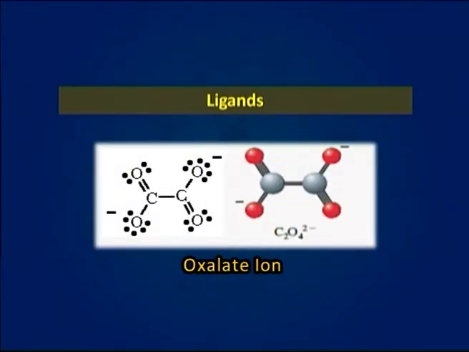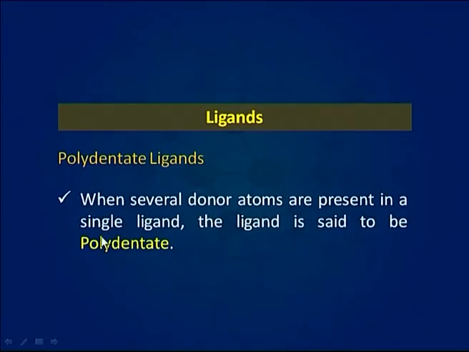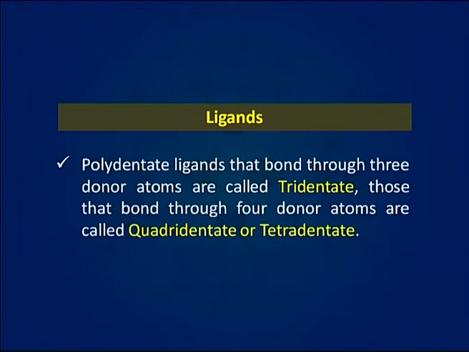Here you can see another bidentate ligand, oxalate C2O4 2-. When several donor atoms are present in a single ligand, the ligand is said to be polydentate ligand. Polydentate ligands that bond through three donor atoms are called tridentate.